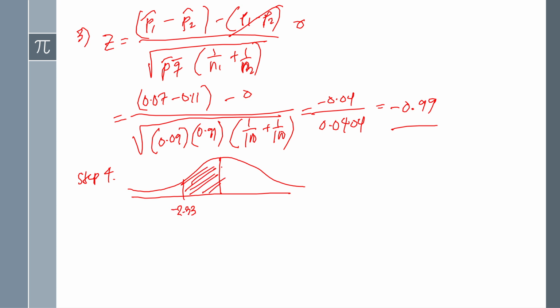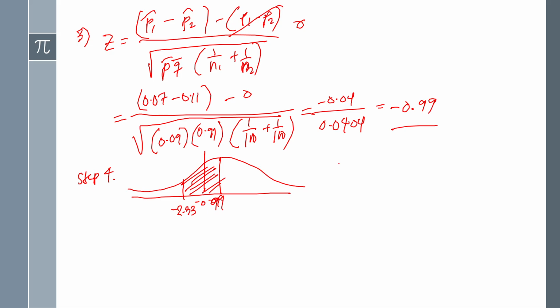This is the non-rejection region, and our z value is negative 0.99. So that is not part of the rejection region.